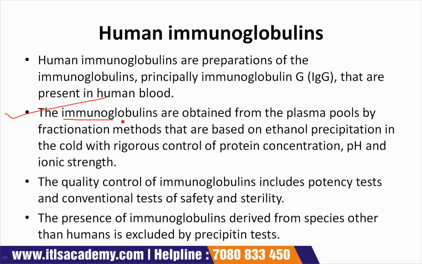The immunoglobulins are obtained from the plasma pools by fractionation methods that are based on ethanol precipitation in the cold with rigorous control of protein concentration, pH, and ionic strength.